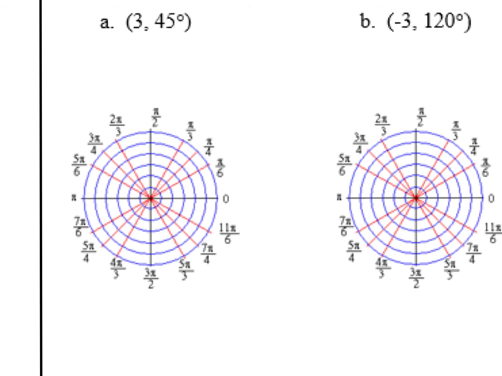Here's 3, 45. Okay, so the way I approach these is I say, all right, right off the bat, I go 1, 2, 3, and I mark there. And then I look at 45 degrees, right? If you want to change these, because they're all in radians, you could certainly feel free to do that.